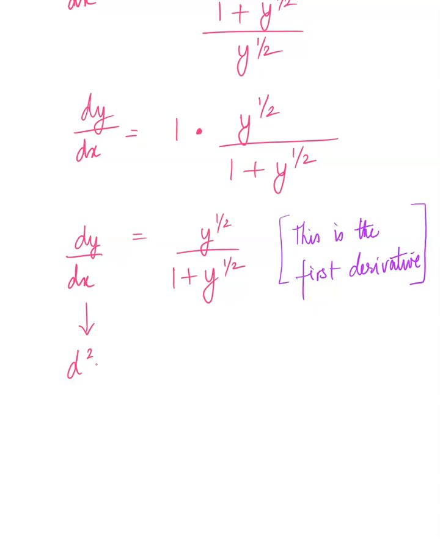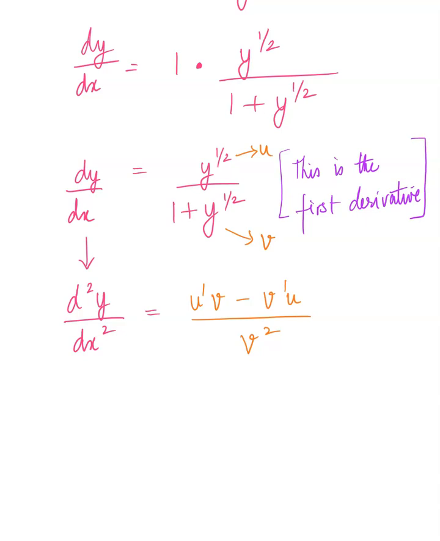Second derivative would be d squared y over dx squared equals. Now you're taking the derivative on the right-hand side, and you have to see this as a quotient rule. So this has to be u and this has to be v. So u prime v minus v prime u all over v squared is what we have to do.